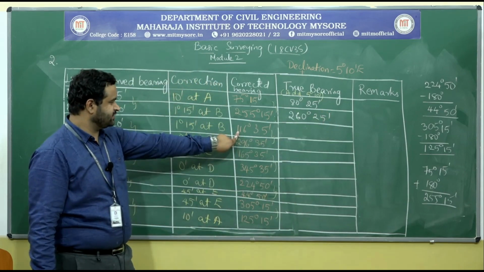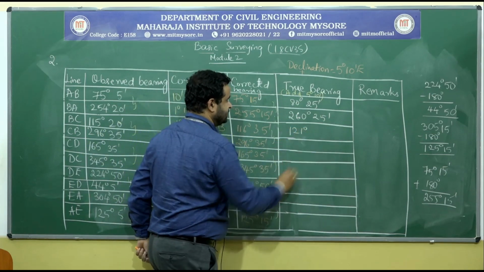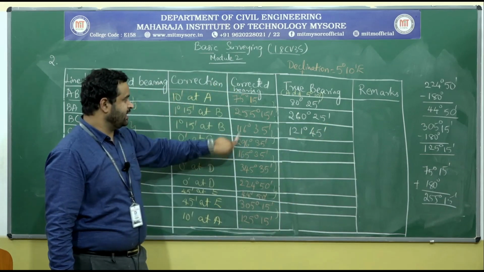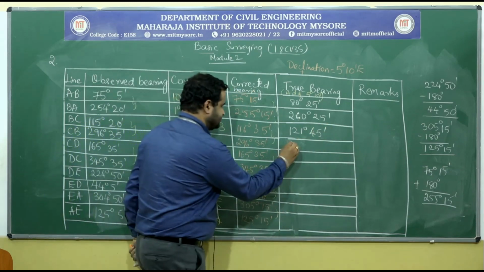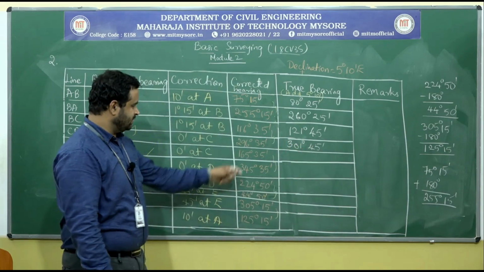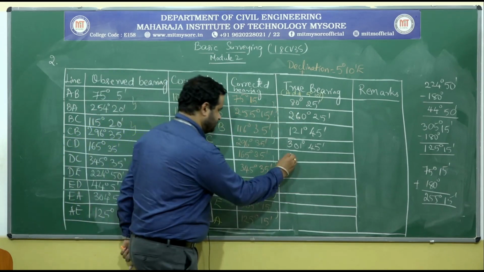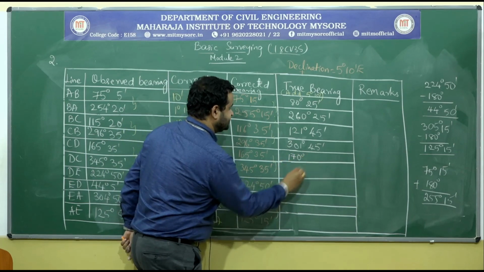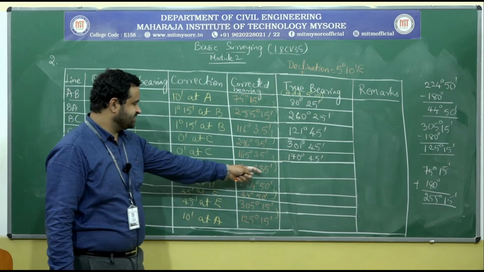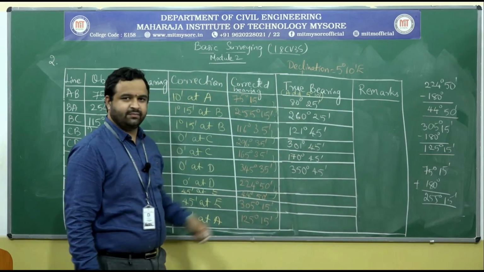Next, for this bearing add 5 degrees 10 minutes, that is 121 degrees 45 minutes. Next, for this add 5 degrees 10 minutes, that is 301 degrees 45 minutes. Next, 165 degrees 35 minutes plus 5 degrees 10 minutes will give you 170 degrees 45 minutes. Next, 345 degrees 35 minutes plus 5 degrees 10 minutes, 350 degrees 45 minutes.